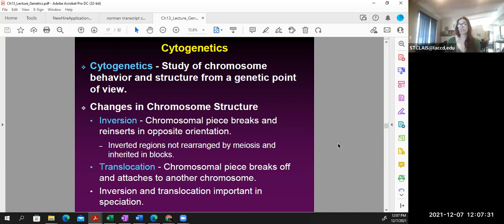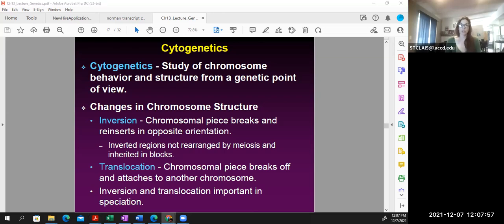Another possibility other than inversion is going to be translocation. So here we have a section of the chromosome that is going to break off and it will bond to another chromosome. Okay, so you might have something from chromosome 3 that breaks off and then bonds to chromosome 4. And these are important in speciation.